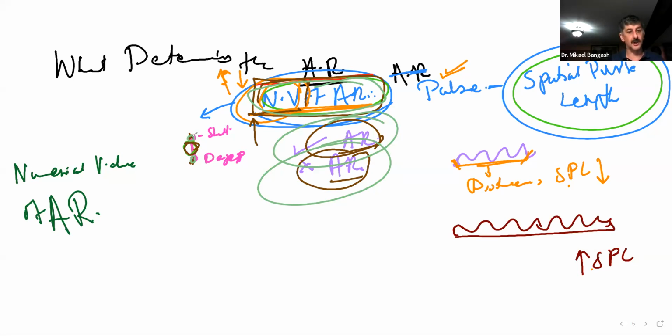So one is going to be shallow, one is going to be deeper, or as your book says, front and back.